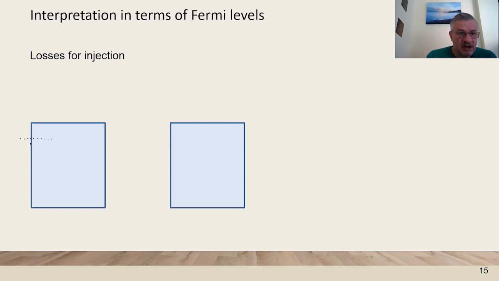So this will be a very good contact because there is injection of electrons with no cost of the Fermi level. But if there is an interfacial layer or somehow the contact is not so good, then we will need a step of the Fermi level to enter the charge here. And there will be a cost now in the Fermi level and a loss of energy here at this interface.